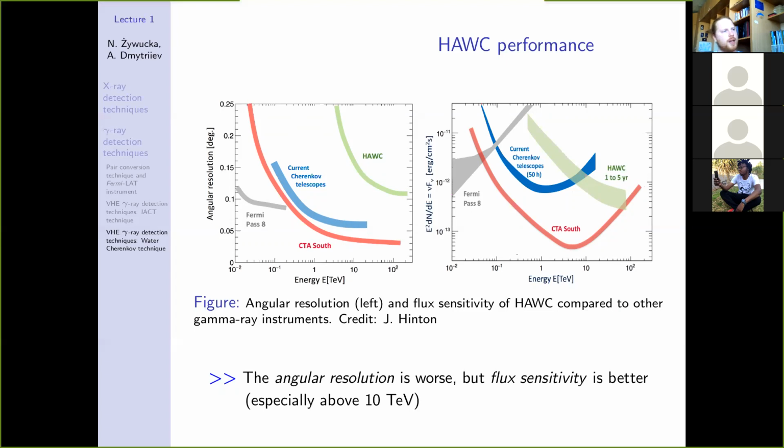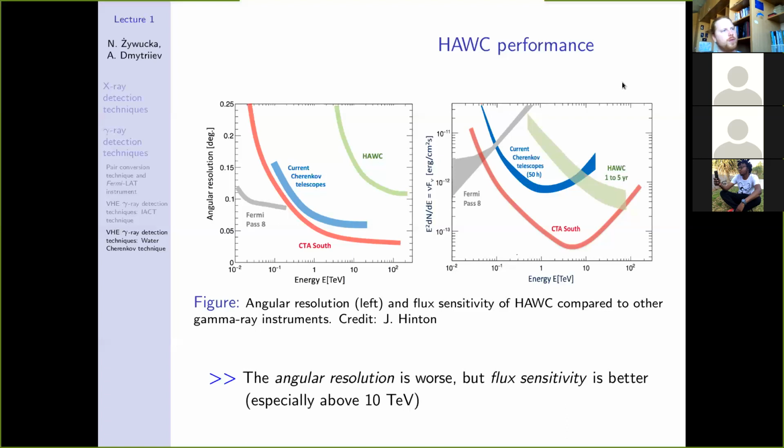So HAWC can detect that very reliably, while for Cherenkov telescopes this is not really the case, because of a problem with the technique: above 10 TeV the number of gamma rays arriving is very low, but HAWC will be much more sensitive because of its wide field of view.